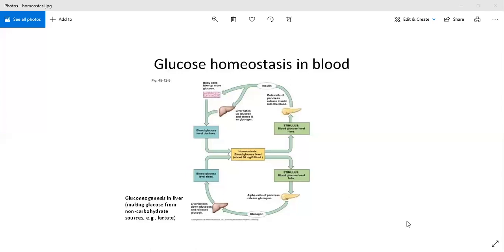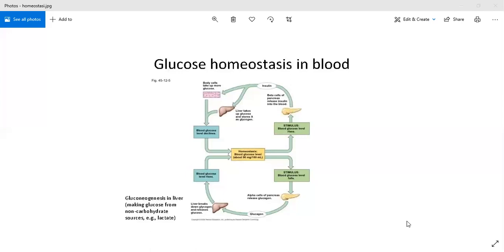Okay, good. Now, what is the effector for water homeostasis? The effector is the kidney. What is the effector for sodium homeostasis? The kidney too.